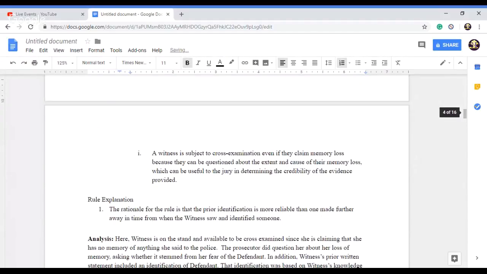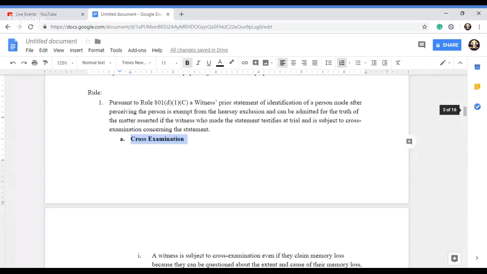A witness is subject to cross-examination even if they claim memory loss, because they can be questioned about the extent and cause of the memory loss, which can be useful to a jury in determining the credibility of the evidence provided.